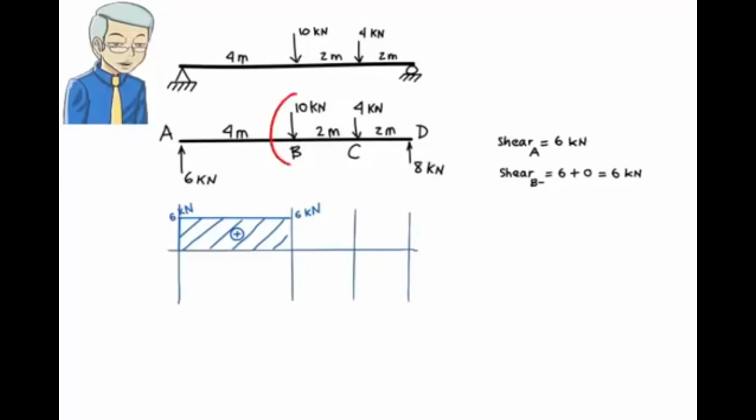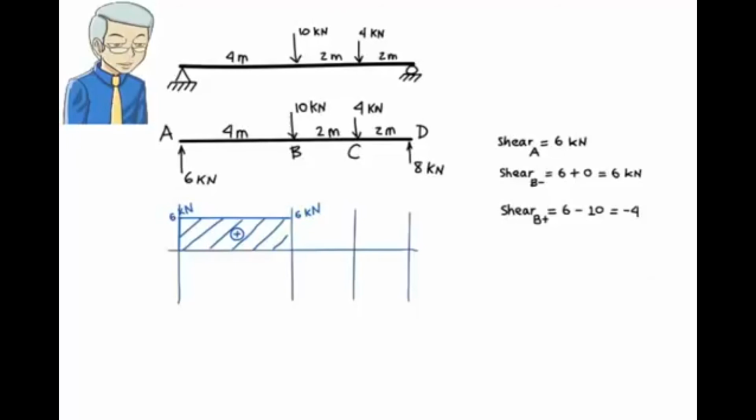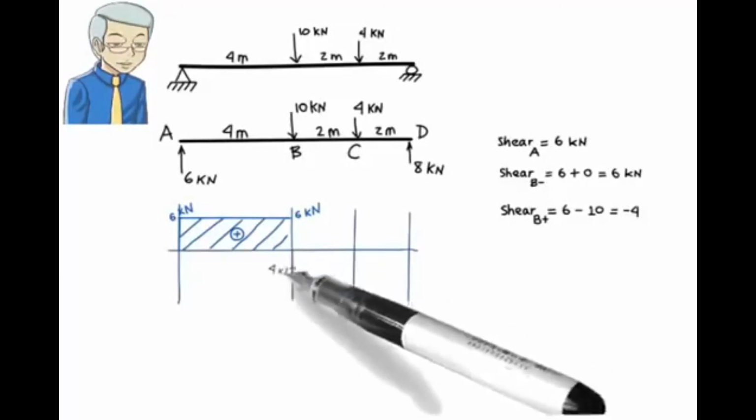At point B, since there is a downward force of 10 kilonewtons, there is going to be a drop of 10 units in shear value. So shear is going to drop from positive 6 at the immediate left of B to negative 4 at the immediate right of B. Therefore shear at the left end of segment BC is negative 4.